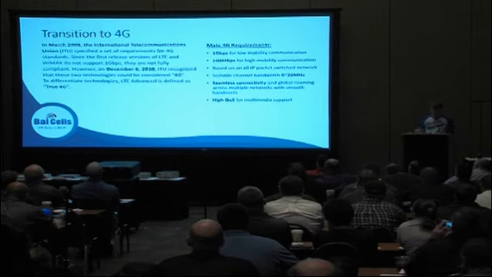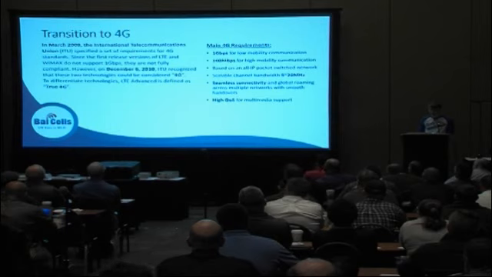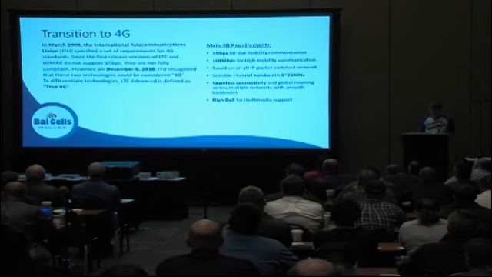Okay, so then the ITU is now asking for 4G, and the requirements they listed at that time were that for fixed wireless you would be able to reach speeds up to 1 gigabit per second, and for mobile operations up to 100.